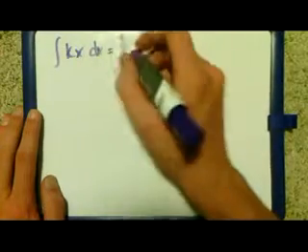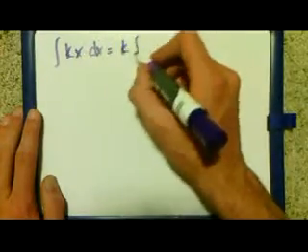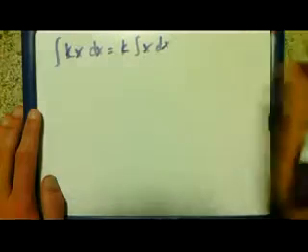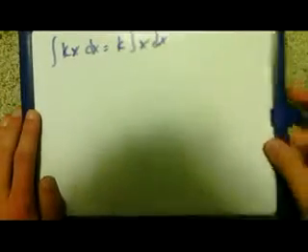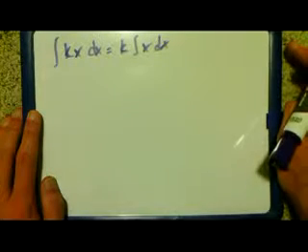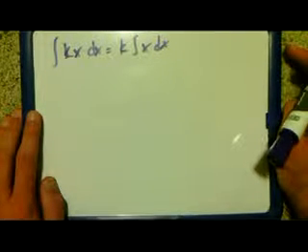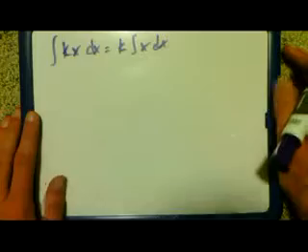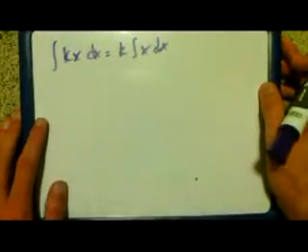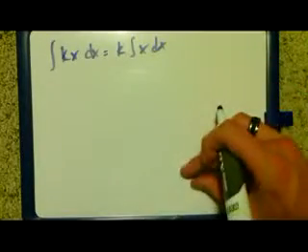That you can pull out, which is going to be very helpful for you later on. And you're going to want to make sure that you always remember that one, because it comes into play a lot.